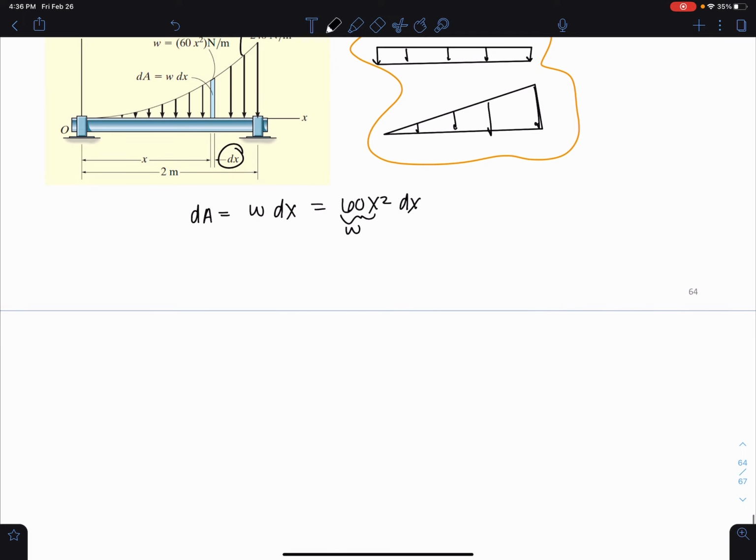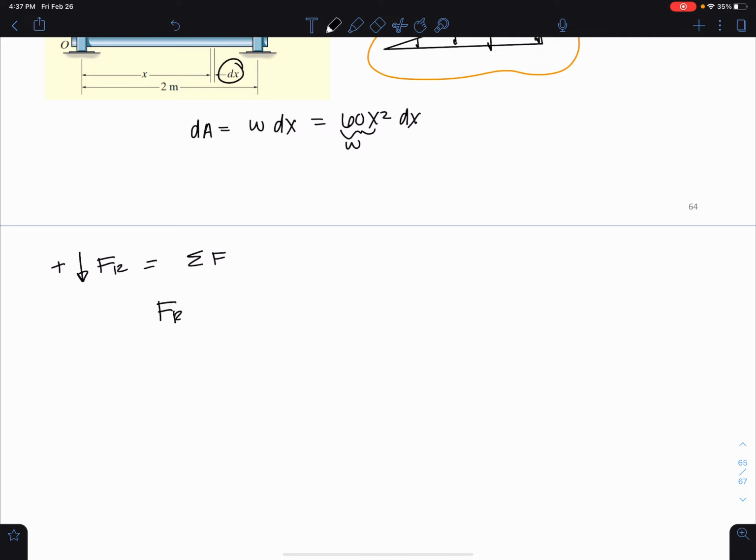So now I know that the sum of all my forces has to be equal to the resultant. And I'm going to assume that down is positive because distributed loads are typically pushing down on elements, because they're due to gravity. So here, my resultant force is equal to the integral over the area of dA, which is equal to the integral from 0 to 2 of 60x squared dx.